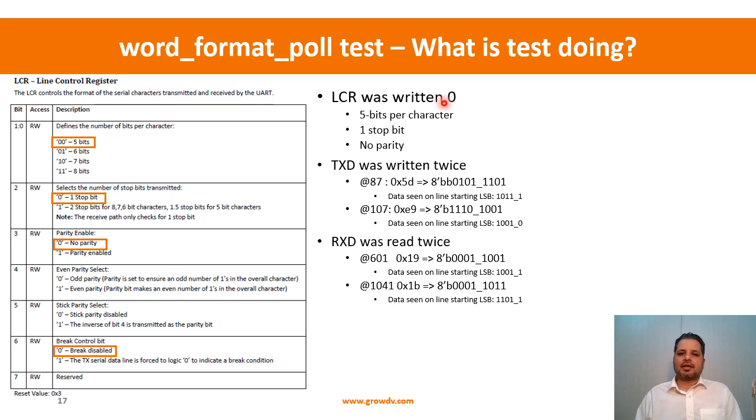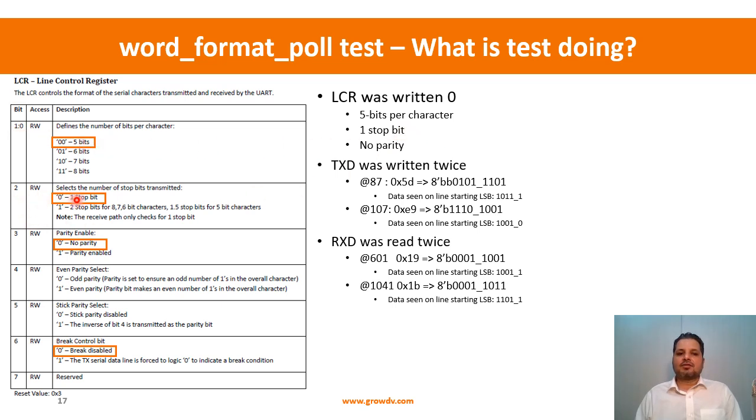We saw that when we extracted the writes to registers. What you then need to do is go back to the register definition as per the documentation, and map that value to different bits and try to make sense of how exactly it has been configured. In this case, when you write 0, it's 5 bits per character, because 0 in bit positions 1:0 means 5 bits.